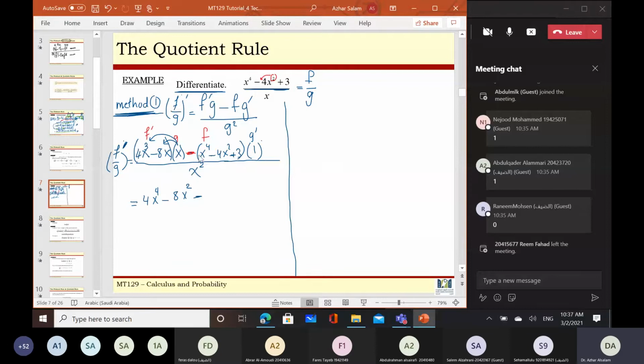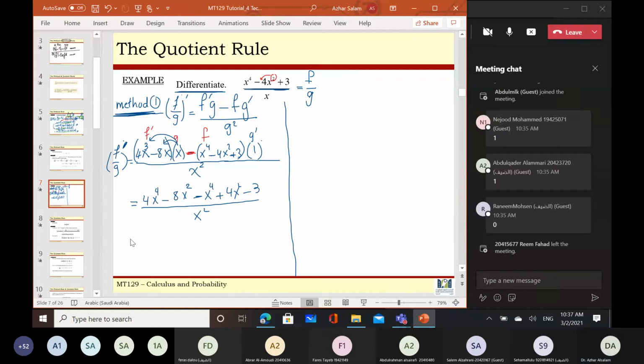Since the whole bracket is multiplied by a negative sign, I will change the signs of all the terms. Okay, minus x to the power 4 plus 4x square minus 3, all divided by x square.